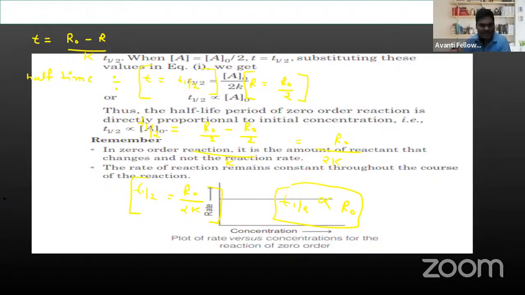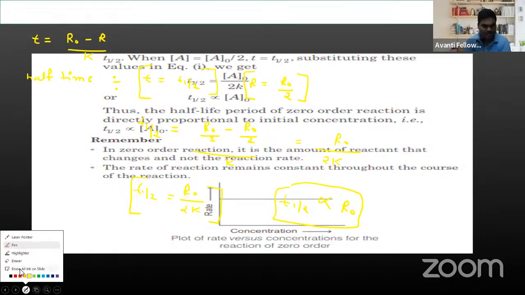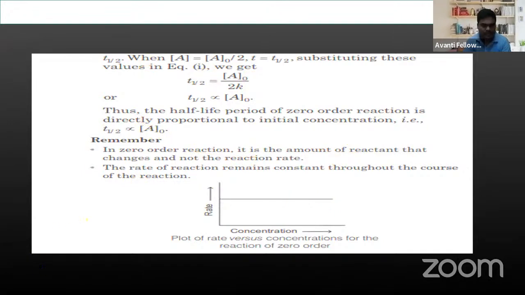So we can write again, as this is how we write this. Okay, so let's see. Remember, in zero order reaction, it is the amount of reactant that changes and not the reaction rate, right? The rate is constant throughout the course of the reaction. So always remember this: T half is directly proportional to A naught. What does it mean?